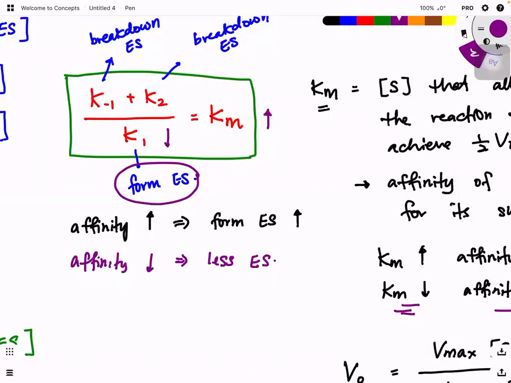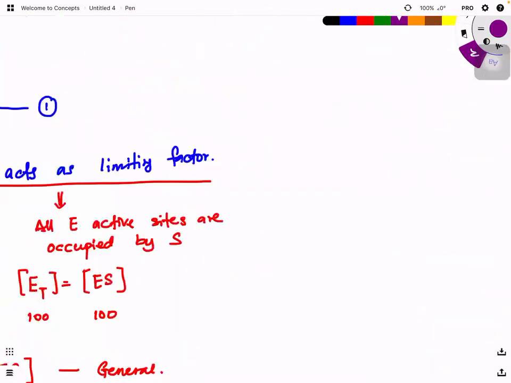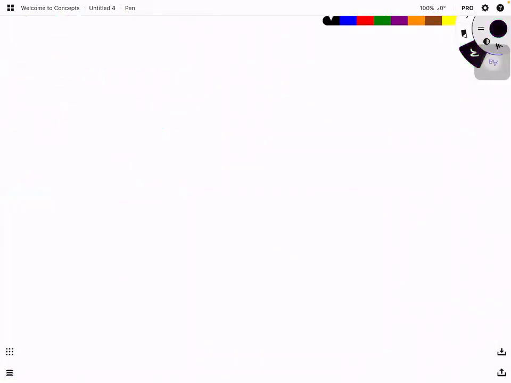So the whole enzyme kinetics that we need to know is actually Michaelis-Menten. Okay, let me do a summary here of what you guys need to know after this. Not the derivations of the Michaelis-Menten equation. First, what is the Michaelis-Menten equation?